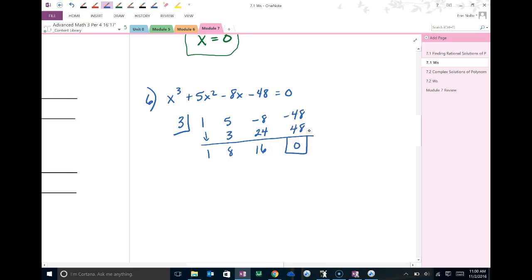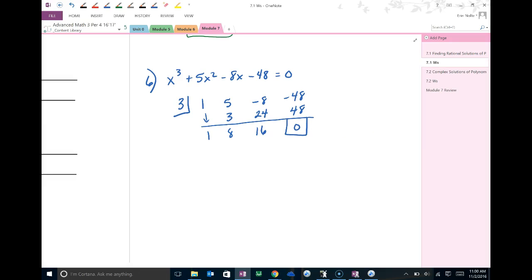Boom. So what is the polynomial that I have at this point? What is 1, 8, and 16? So it gives me x squared plus 8x plus 16. Could we factor that using the easy method?